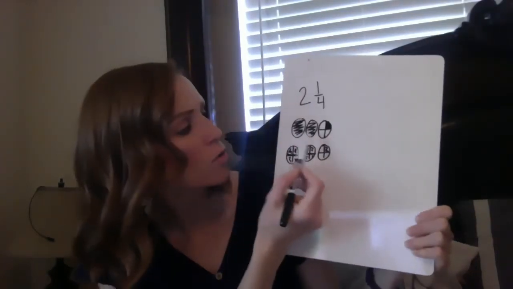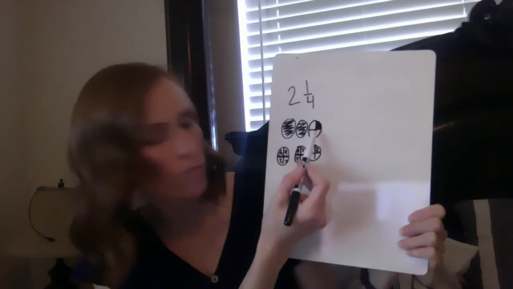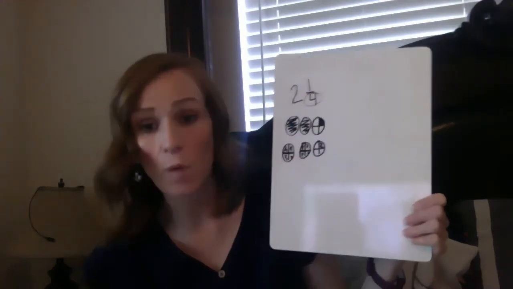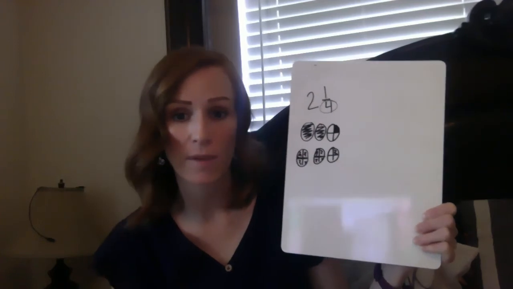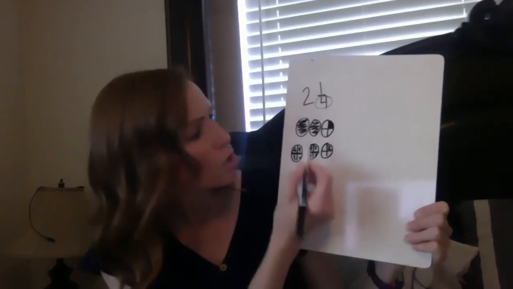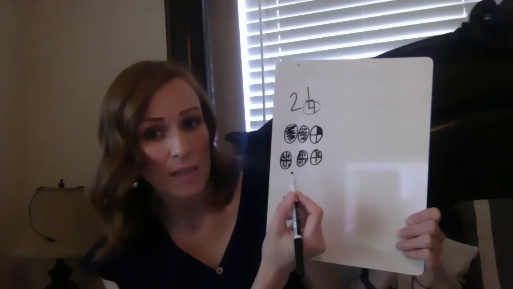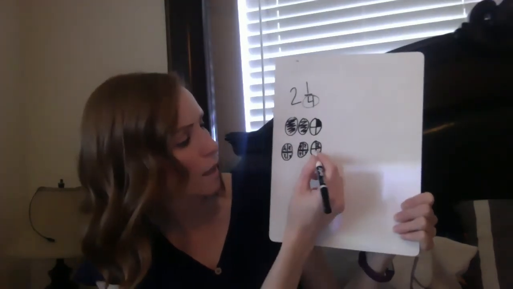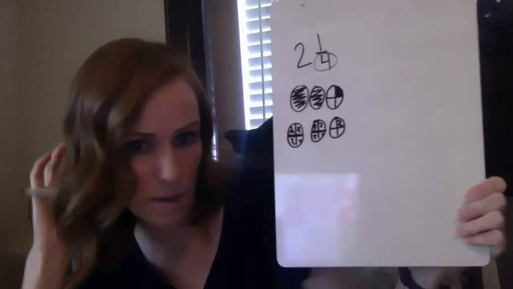So we have 2 full circles shaded and 1/4 of another circle shaded. My denominator is always going to be the same denominator even in an improper fraction. So this tells me how many I would split these circles into. So I've split all of my circles into fourths, and this is still fully shaded. I just did it so you could see it a little bit better.